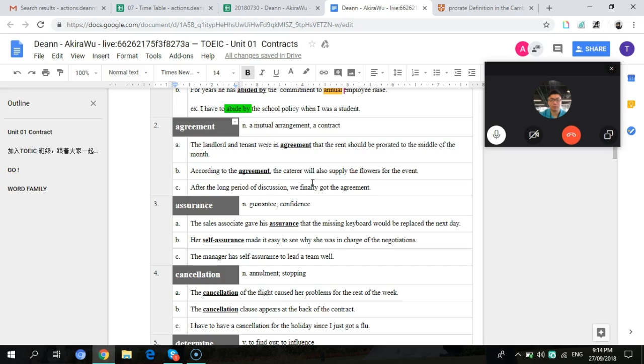When we say agreement, it is a mutual arrangement, a contract. So it is between two parties, or 3 parties, but usually 2. Okay, so they agreed on something.